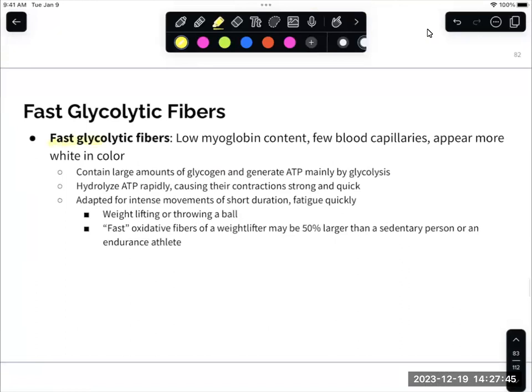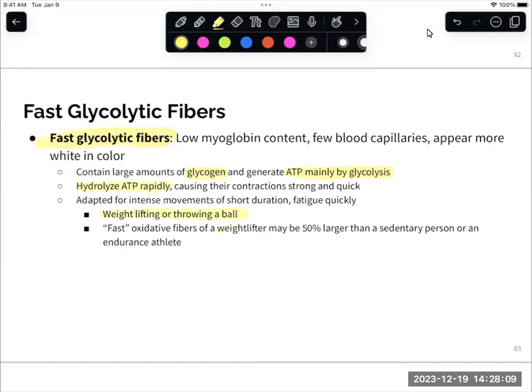Then we have fast glycolytic fibers. Fast glycolytic, they have a lot of glycogen and they make their ATP through glycolysis. They can make that ATP pretty quickly. They break it down pretty quickly. Weightlifting, throwing.